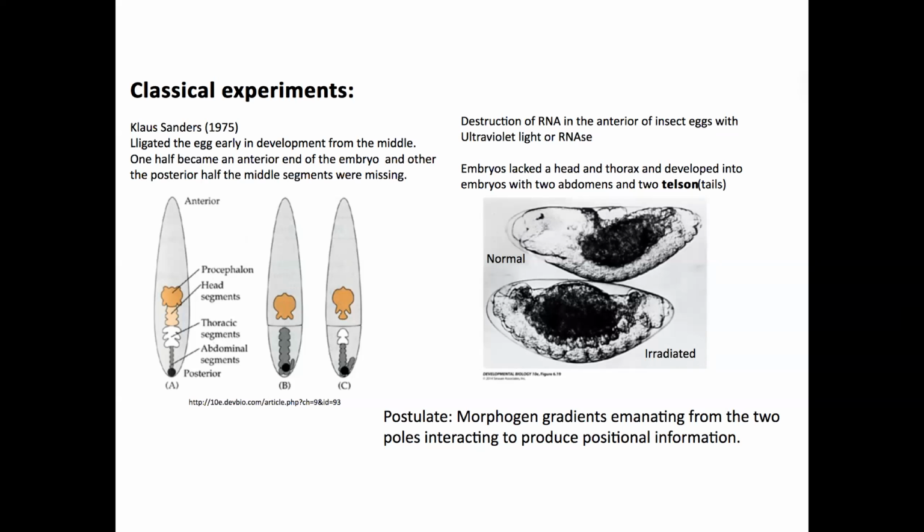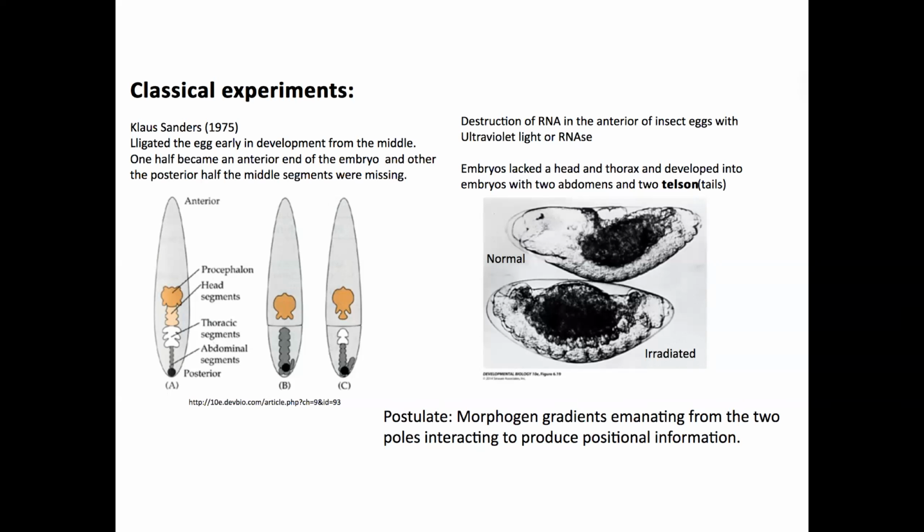He ligated the embryo. That's again a simple experiment: keep tying the embryo at different segments and see up to what point you can screw up its development, just like how my kids do.